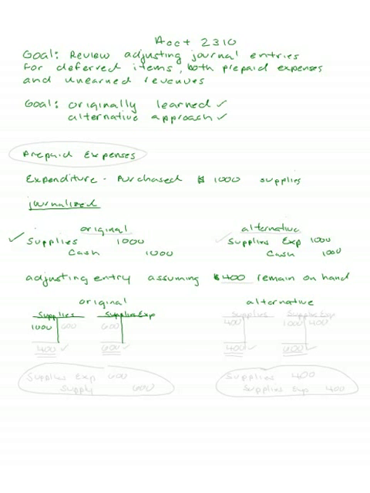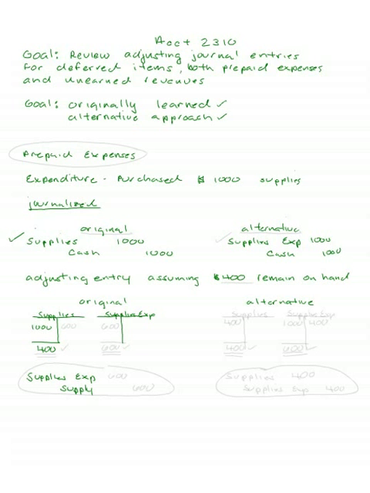So if I have $1,000 of supplies that I purchased and I have $400 remaining on hand, there's a picture of that. I need to move some out of supplies and into supplies expense. And since they're all sitting in the supply account, I am going to have to adjust that account as well.